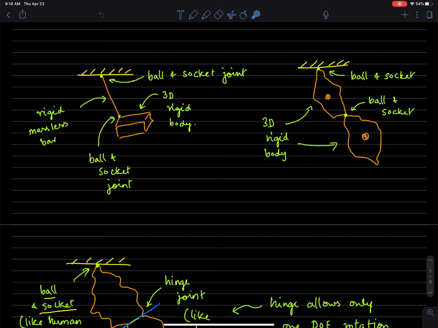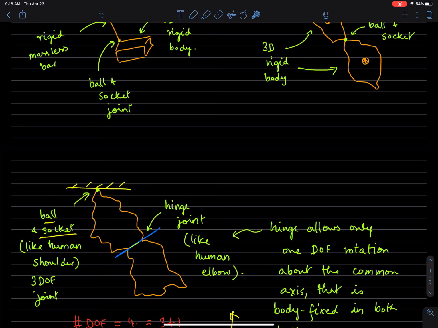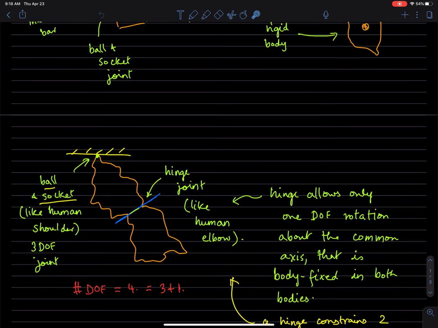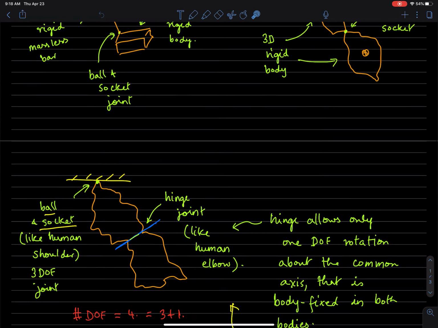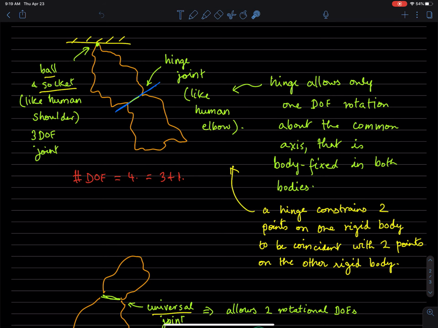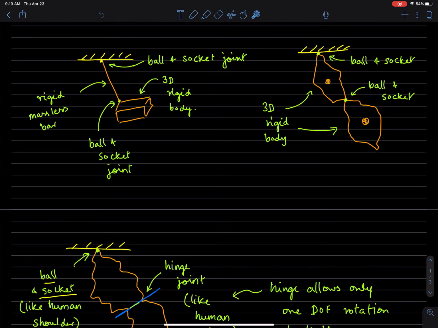In other words, again, these two rigid bodies can rotate relative to each other in any manner, except this point needs to be common and coincident between these two rigid bodies. Same between this rigid body and the ceiling. So how do you simulate that? That's a simple kind of double pendulum. We can imagine other kinds of joints instead of a ball and socket joint.